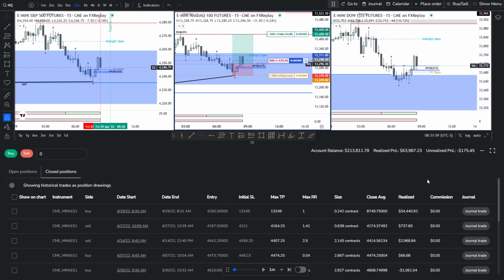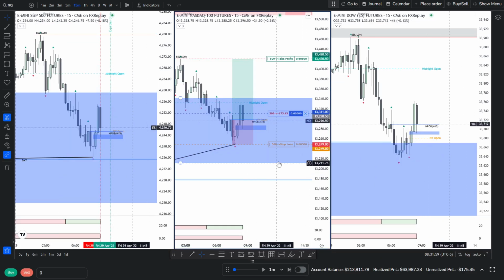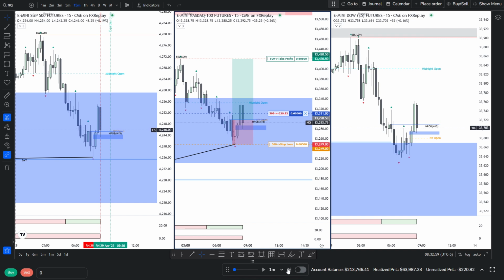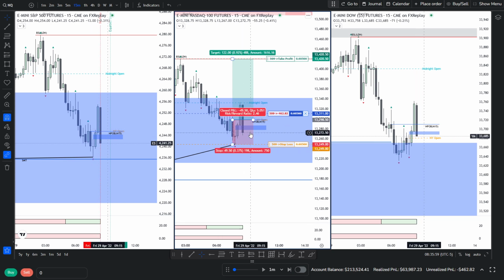Like the account balance and everything has all gone skew, but alright, let's just continue and see. It's not looking good, I can tell you that much. That's definitely not looking good.